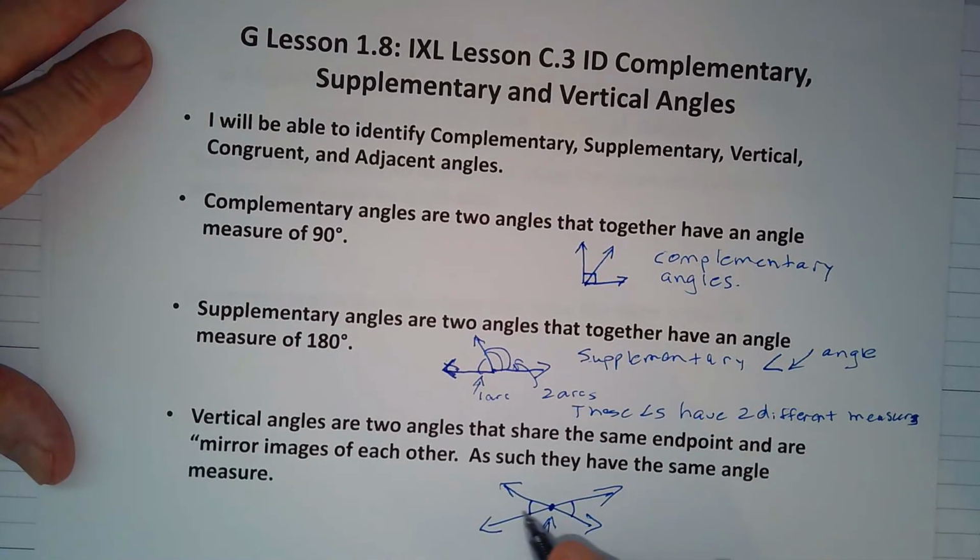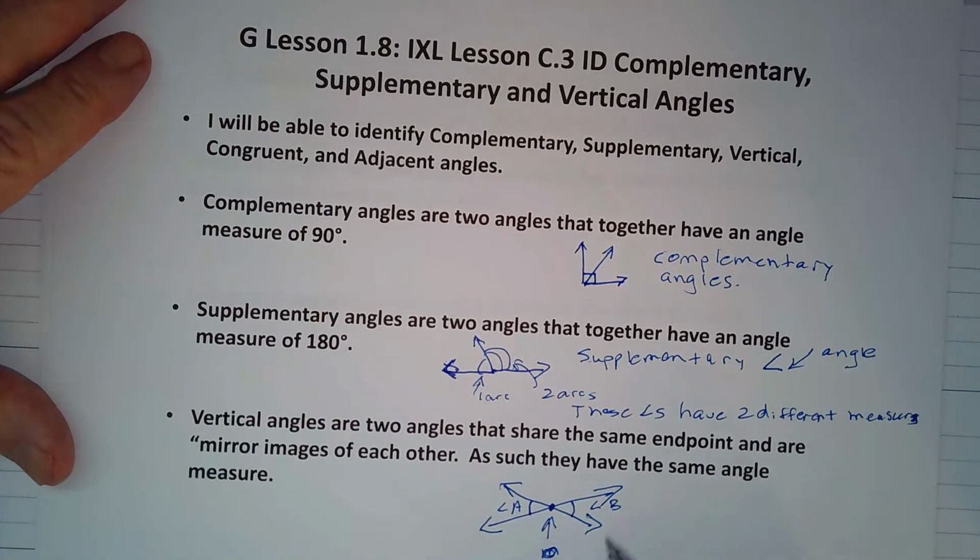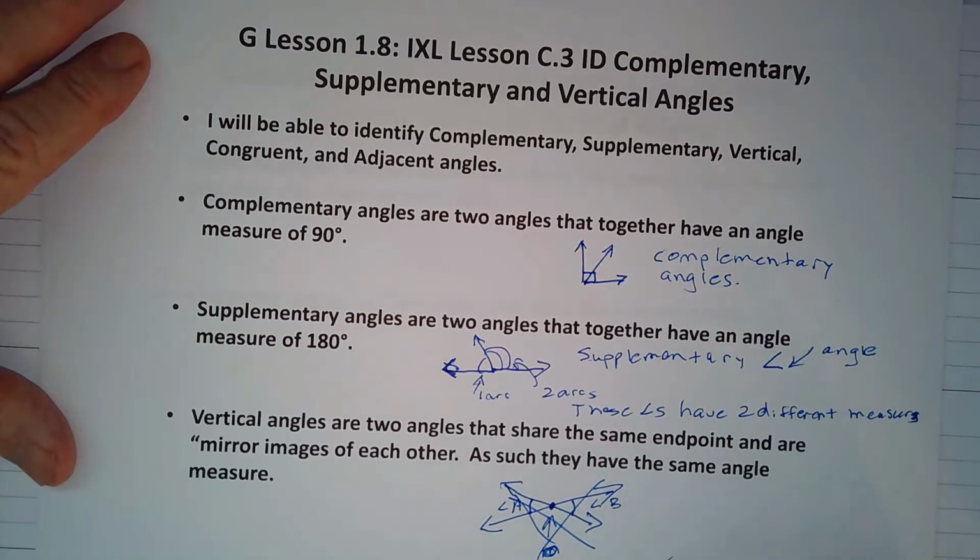So we'll call this one angle A, and this is angle B. We can use one letter for angles. I'm going to restate this. So let's do this again.